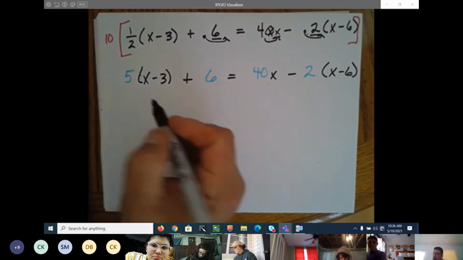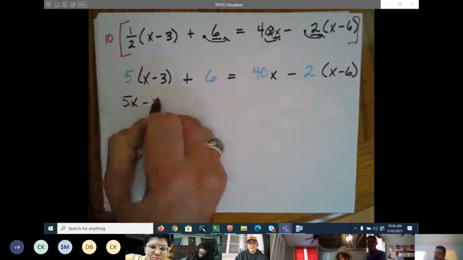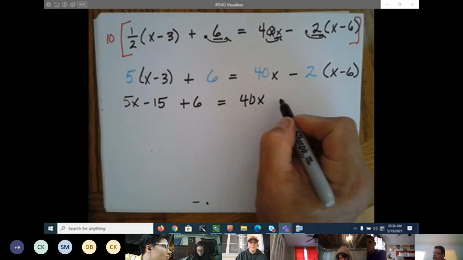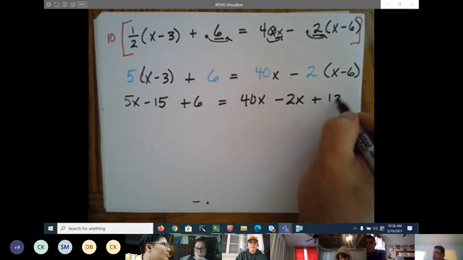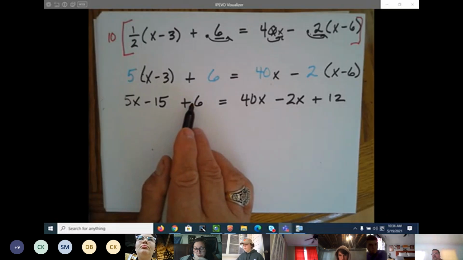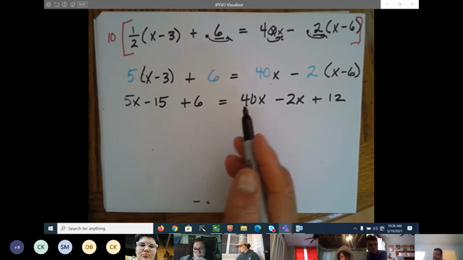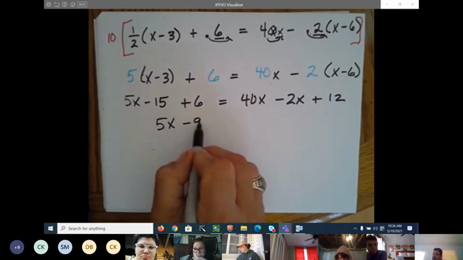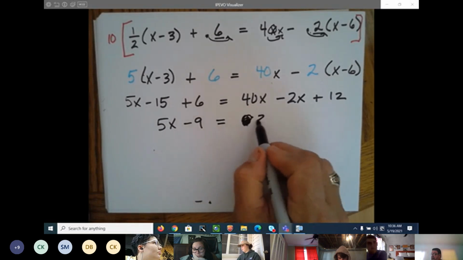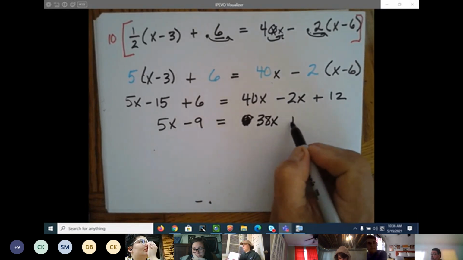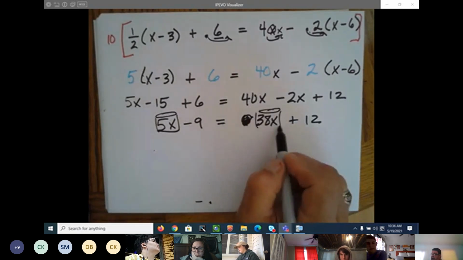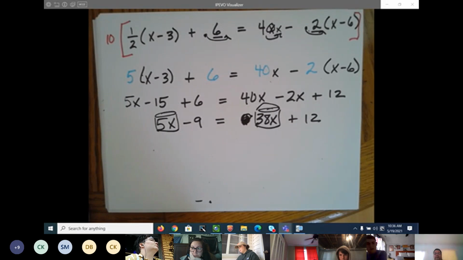All right, so now 5x minus 15 plus 6 is equal to 40x minus 2x plus 12. Negative 15 plus 6 is negative 9. 5x minus 9 is equal to 38x plus 12. Which one's the smallest bucket, 5x or 38x? 5x.